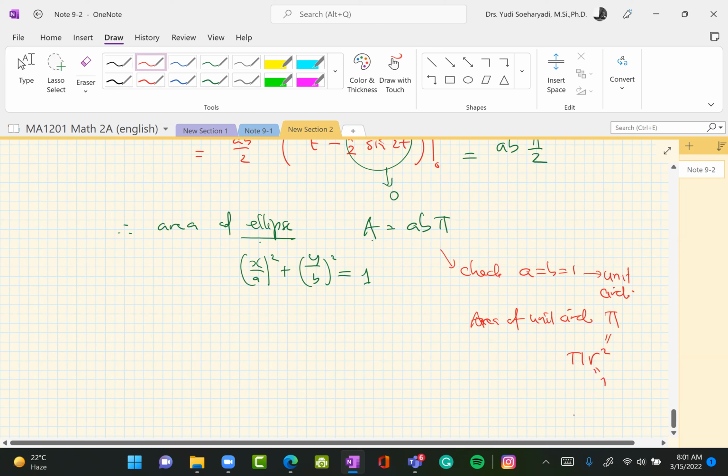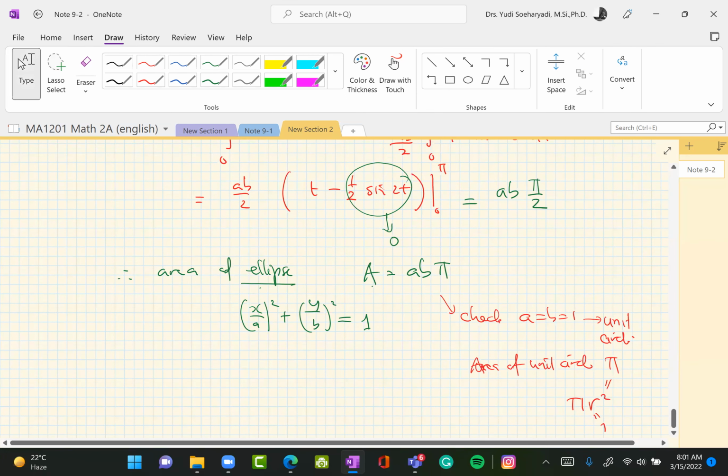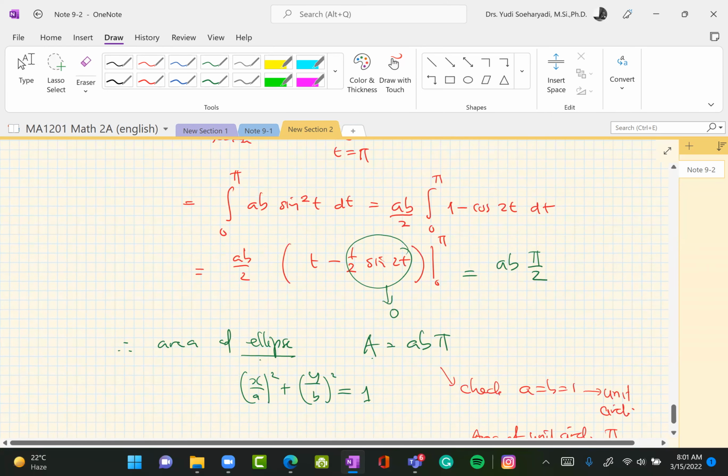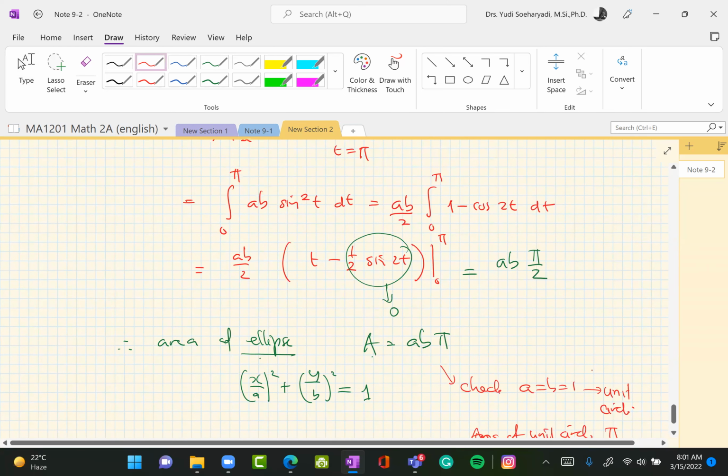Right, so that matches what we know about the area of a circle. Okay, so this is the area of an ellipse: the major radius times the minor radius times pi. Okay, questions?